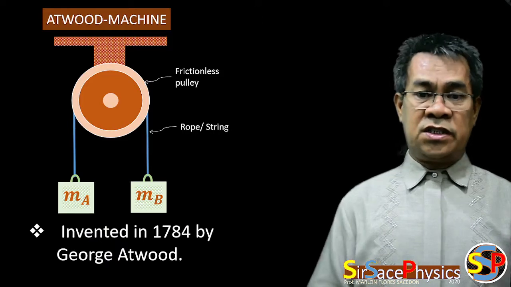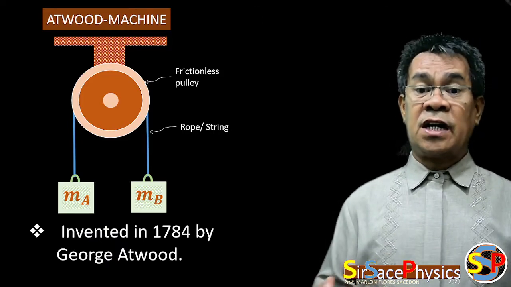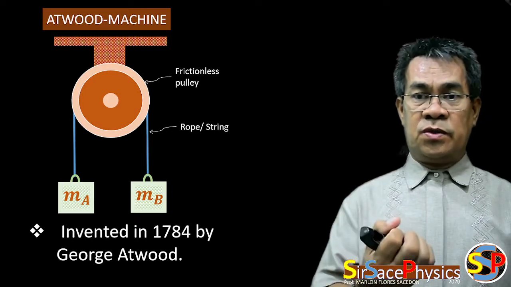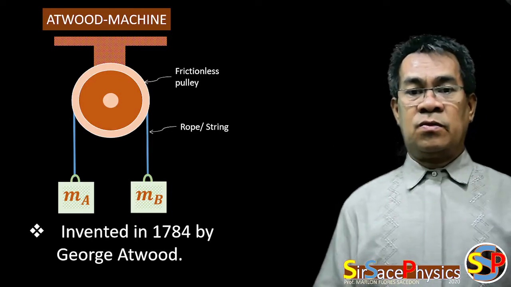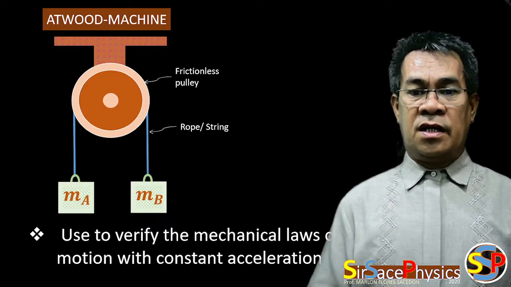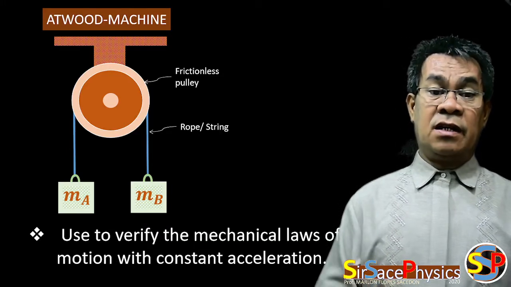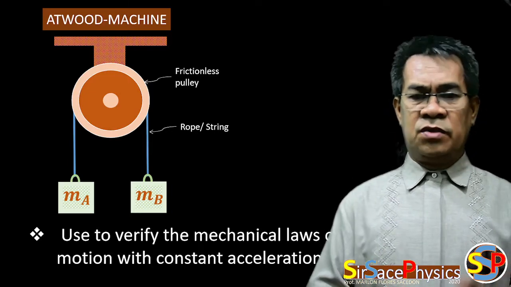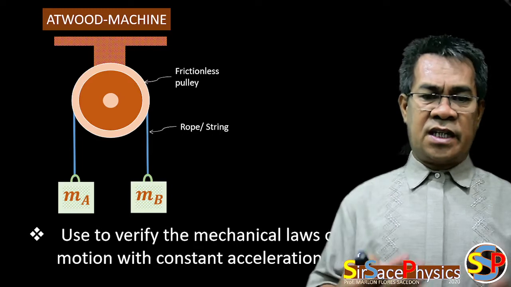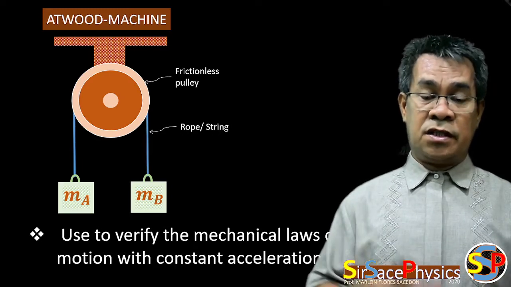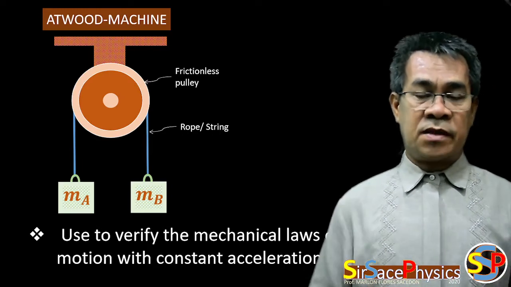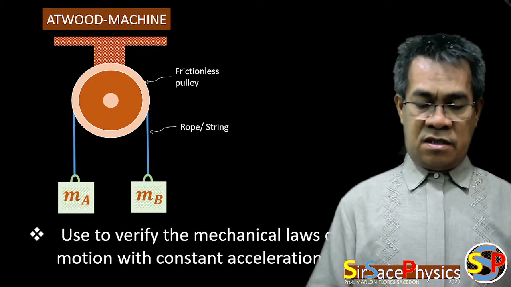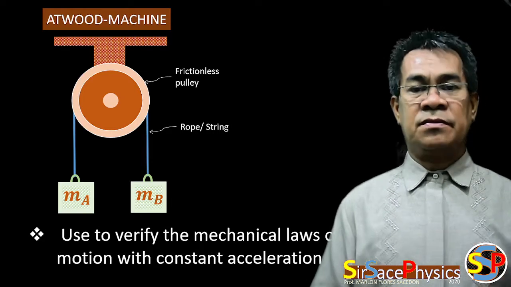Now, the Atwood machine was invented in 1784 by George Atwood, hence the name. And this is used to verify the mechanical laws of motion with constant acceleration. So this is a good demonstration in discussing constant acceleration, the uniformly accelerated body, because it provides a constant acceleration.